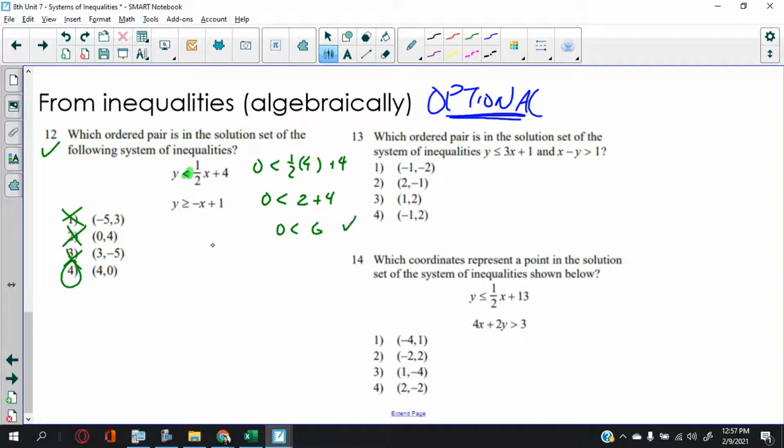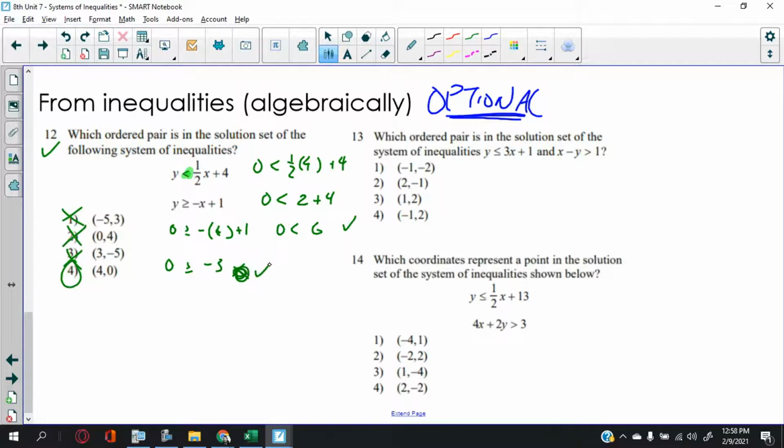Yes. All right, let me try this one. 0 greater than or equal to negative 4 plus 1. What's negative 4 plus 1? Negative 3. Is 0 bigger than negative 3? Oh yeah, it is bigger than negative 3.